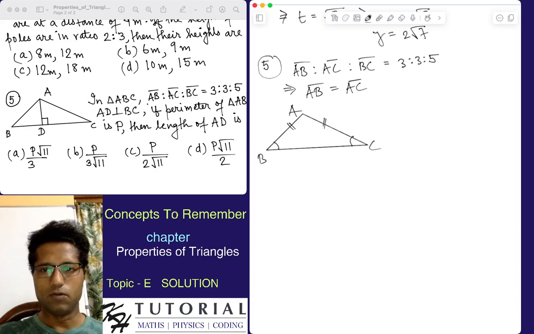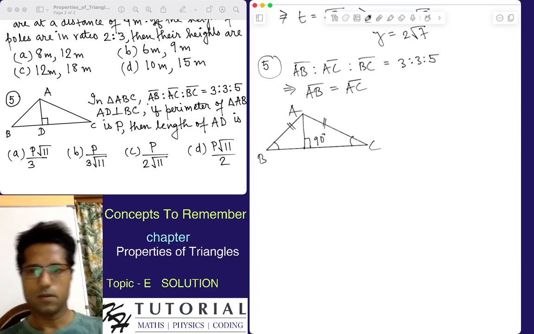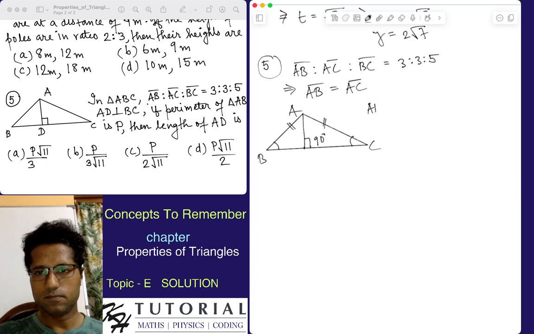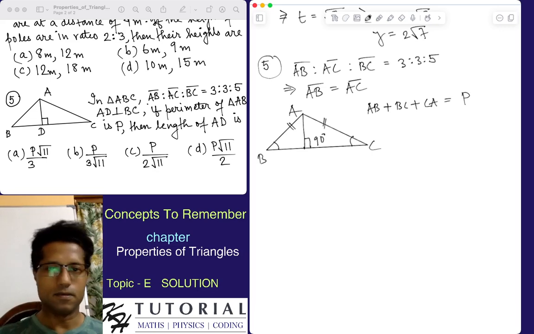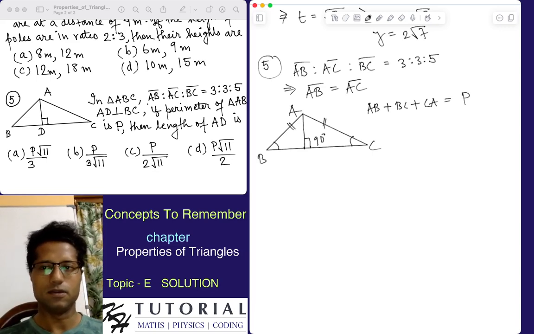Now we have a perpendicular AD on BC, so this is 90 degree. And the perimeter is given, that is AB plus BC plus CA is given to be P. The perimeter of a triangle ABC means the sum of the lengths of its three sides. We have to find AD.